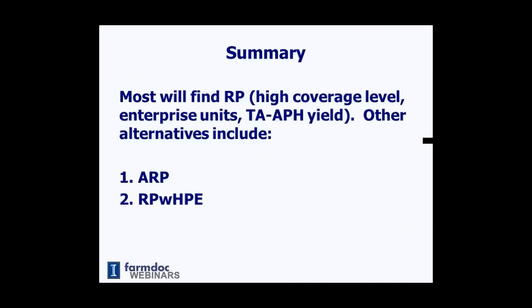Other alternatives are ARP for those that are price conscious or more concerned with price risk, or have lower expected yields for their combo product than is realistic, or lower APH yields, and RP with harvest price exclusion for those that are cost conscious.